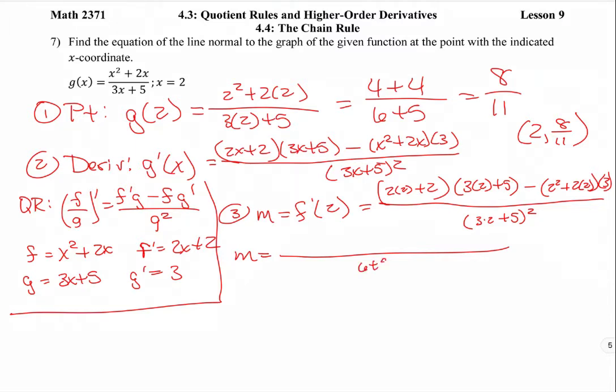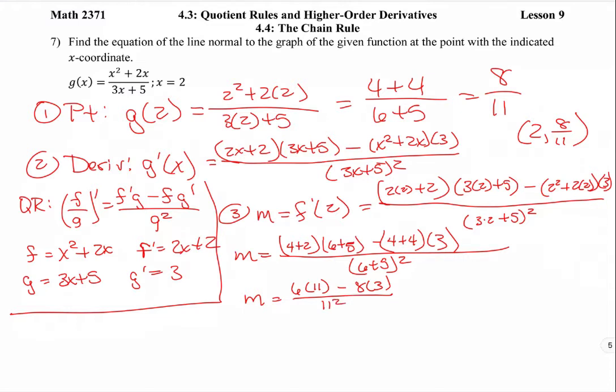So my slope equals, 6 plus 5 squared is my denominator. So that's 4 plus 2, 6 plus 5, minus 4 plus 4 times 3. So my slope equals 6 times 11 minus 8 times 3 over 11 squared.